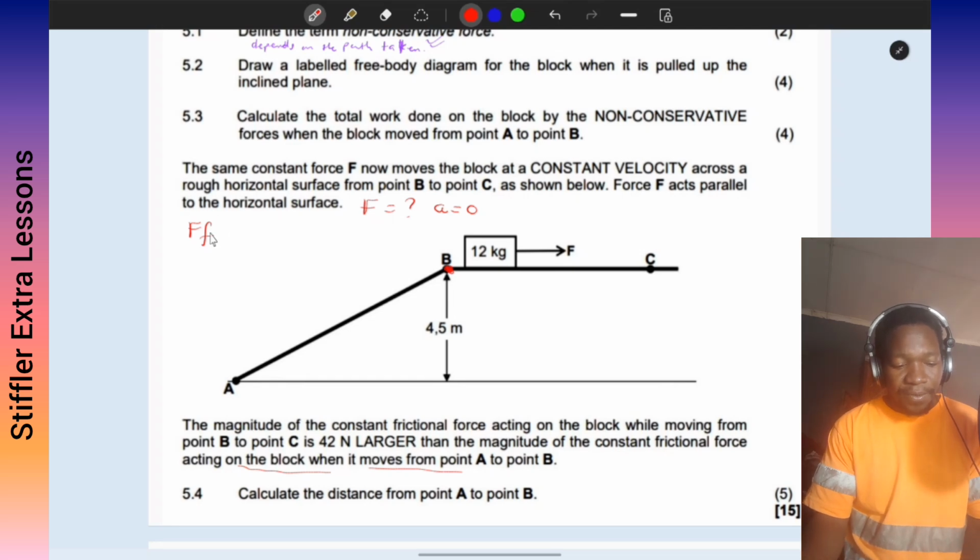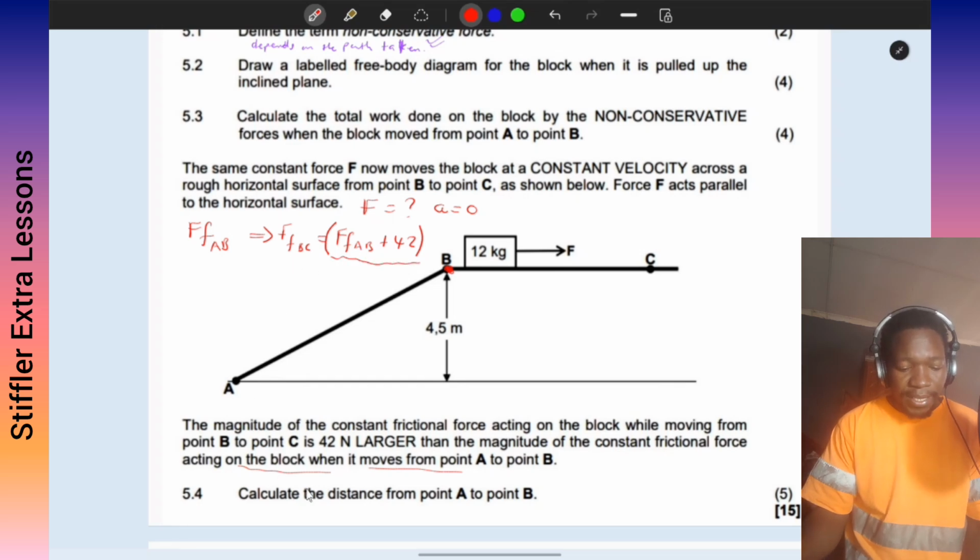So if this is the frictional force from A to B, then our frictional force from B to C becomes the frictional force from A to B plus 42, because we're told it is 42 newtons larger than before. So this is our new frictional force now.